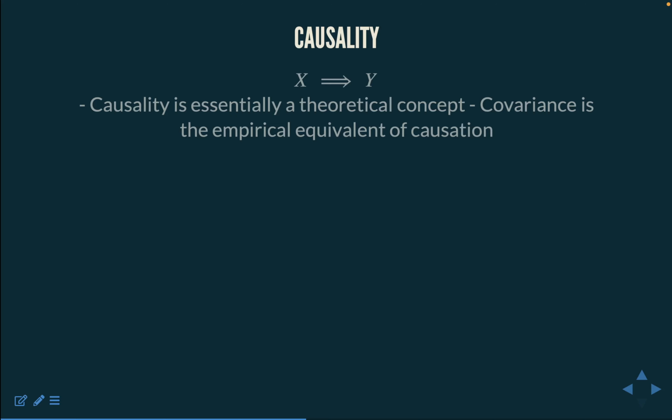But the mere fact that the independent variable and dependent variable vary together in a predictable way, and that the change in the independent variable always precedes the change in the dependent variable, can never assure us that the independent variable has produced a change in the dependent variable. Covariance is the empirical equivalent of causation, and the closest we can get to demonstrating the relationship between phenomena.